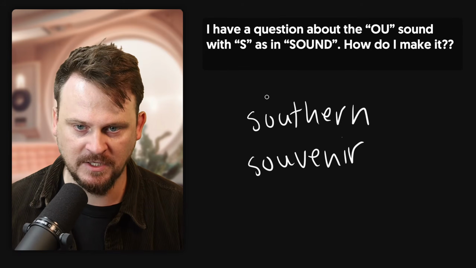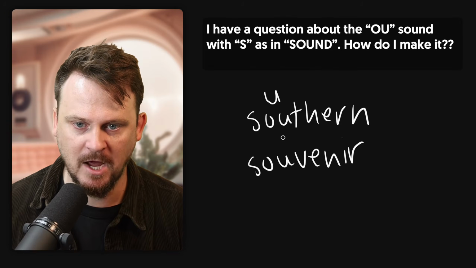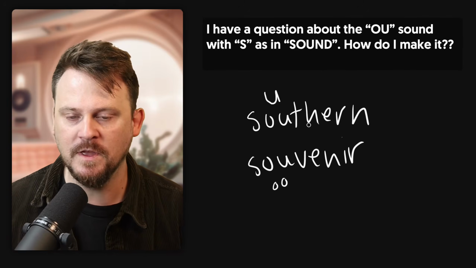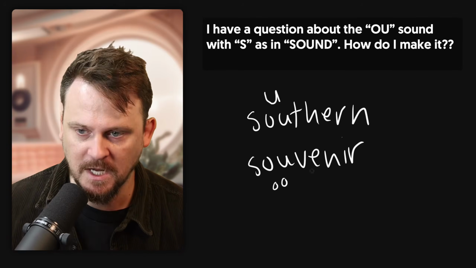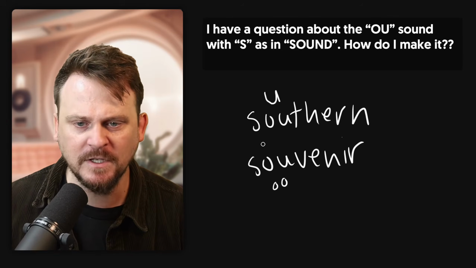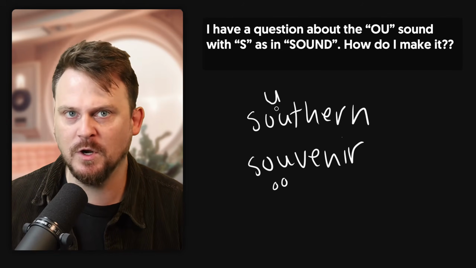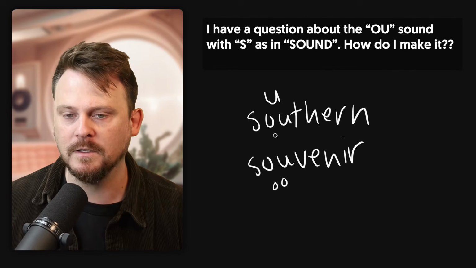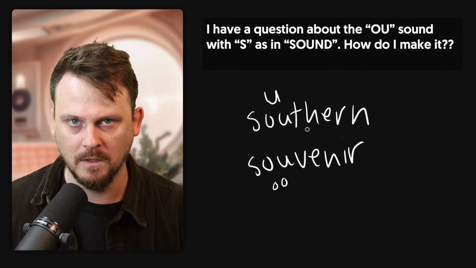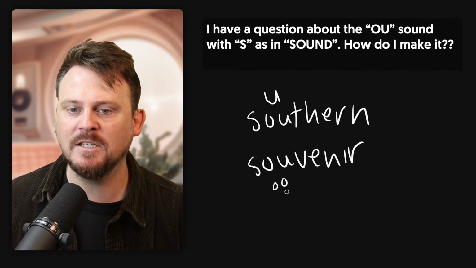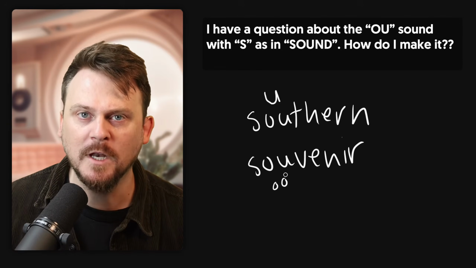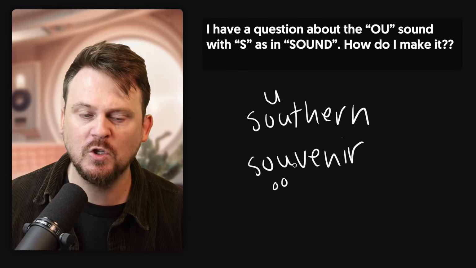Well, this is just the short U sound, and this is the long OO sound. So this is southern, just the short U sound. Spelled like southern, but it's not pronounced that way. It's pronounced southern. And this is not souvenir, it's souvenir.